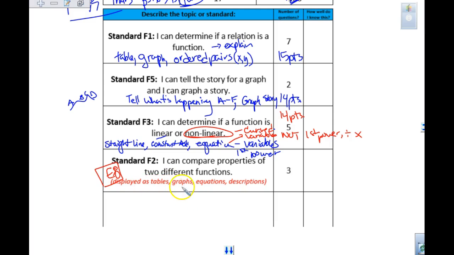So when you look at the tables, graphs, equations, and the description, I might say, tell me which one has a larger slope, which one is steeper or flatter. I might ask you, when you are looking at their y-intercepts, which one charges less for their initial rate? So what is your lower starting point?